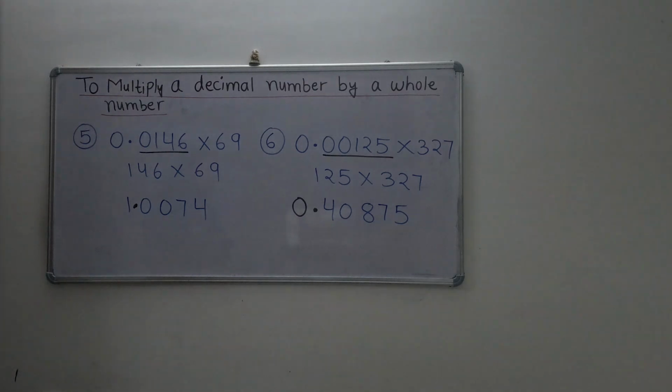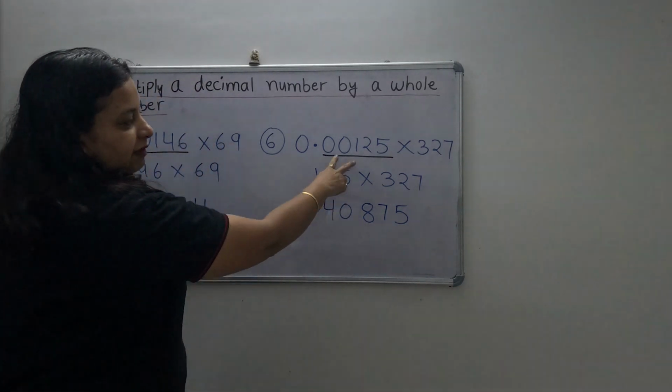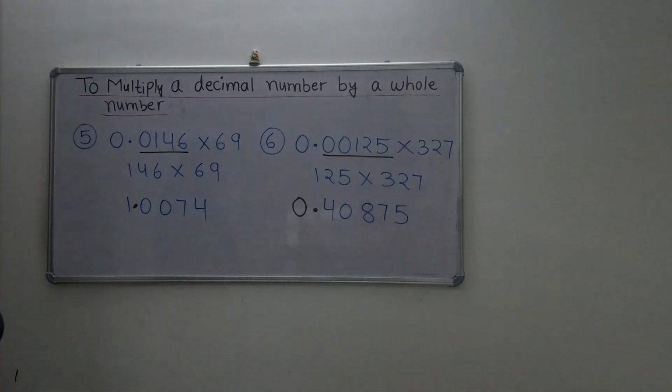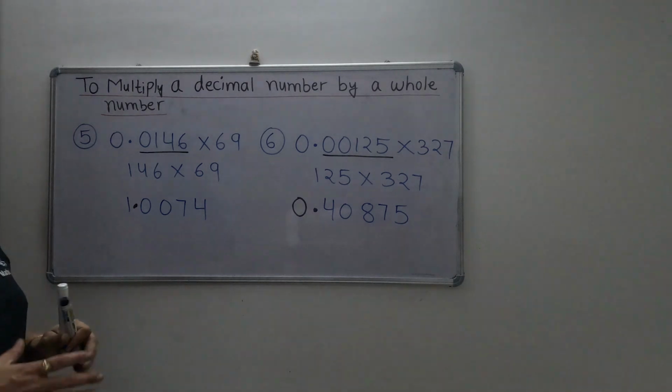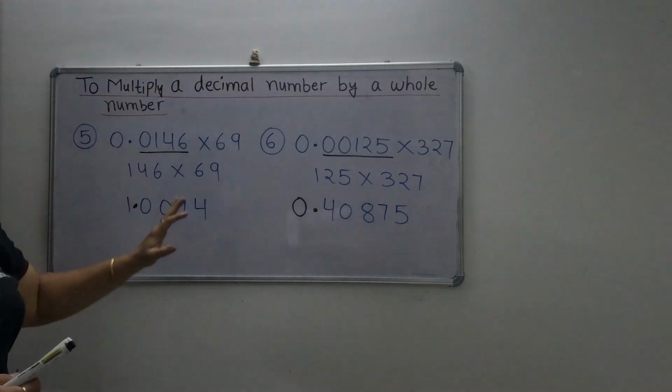Then start at the right of the product and count the places. So we have 5 digits, so we count 5 digits from the right and put the decimal. This is how to multiply a decimal number by a whole number. Okay?